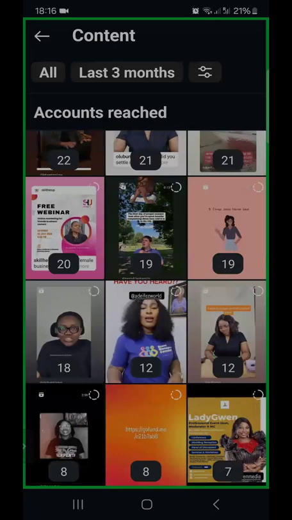So looking at the ones that had the least reach, it will be stories, and not just stories where I shared what other people posted. Now, it doesn't mean that when I share what other people post, that people don't view. It means that it is what I'm sharing that maybe people aren't so interested in.